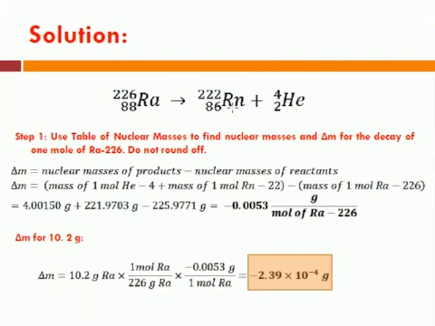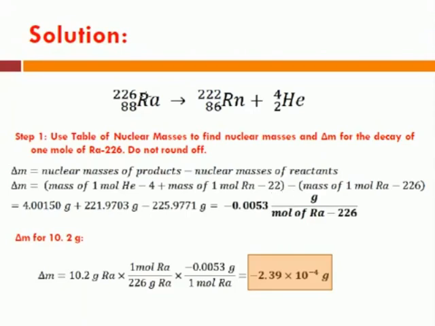So, first the masses of the product. Let's see helium and radon. Mass of 1 mole of helium-4, this is the mass number, then this is the atomic number. Plus mass of 1 mole of radon-222. Take note, it should be 222.